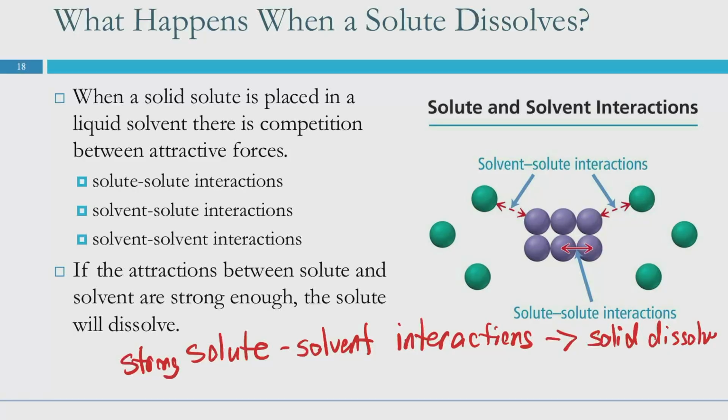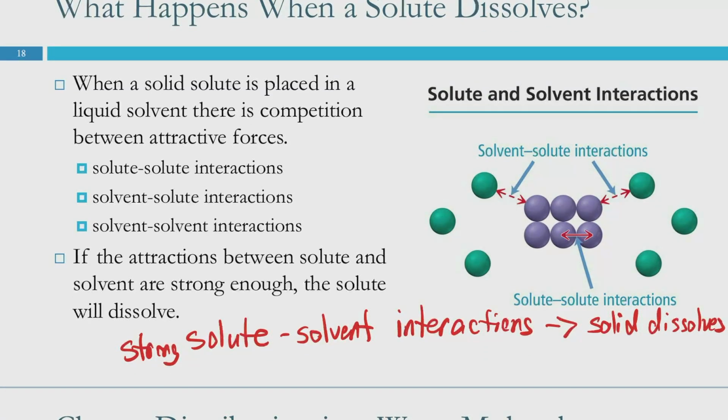The solid dissolves. If we have a stronger solute-solute interaction, it's not going to dissolve. The solute says, no, thank you, I'm not interested in what you have to sell me. We're fine here by ourselves. Go away, please.